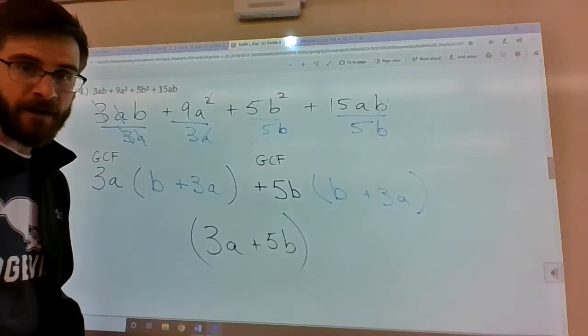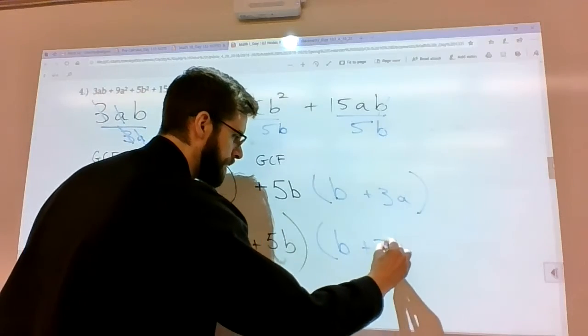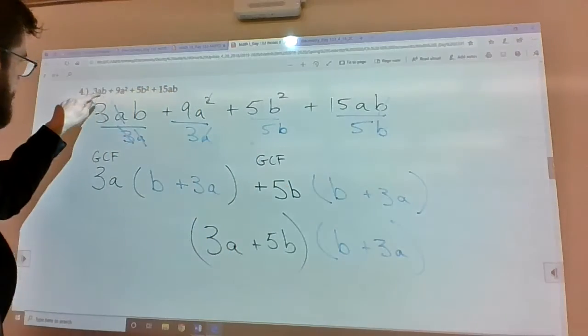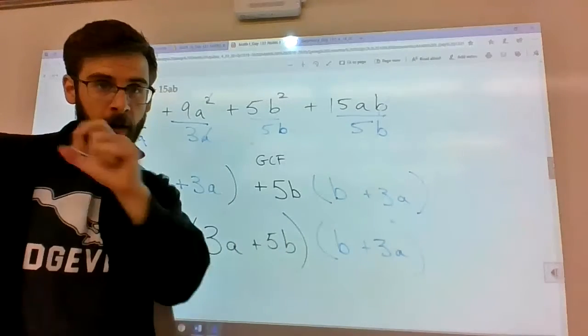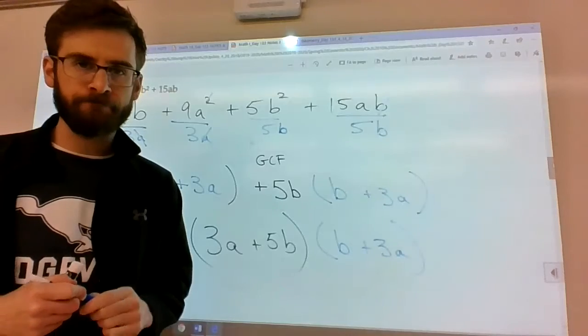The blue ink becomes its own term. And now we've created a polynomial that was nothing but addition, and now has two factors multiplied together. That is the heart of what factoring is.